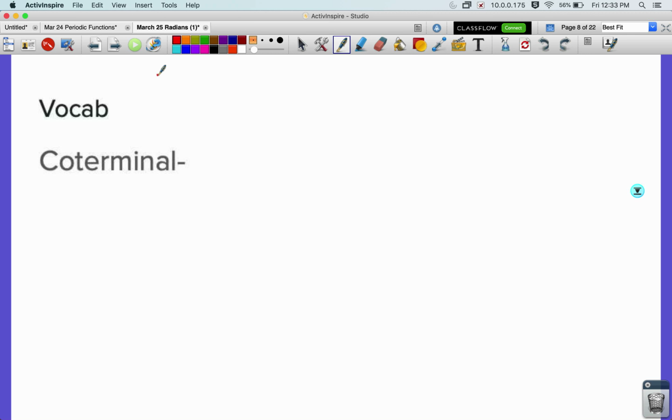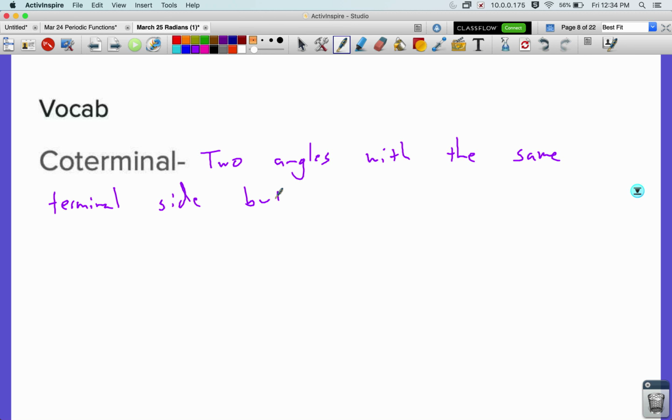New word, coterminal. So coterminals are two angles with the same terminal side but different measures.